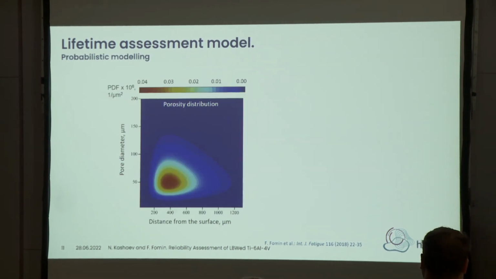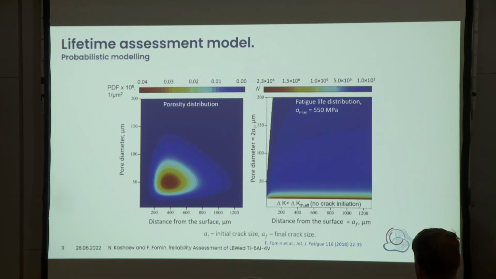Okay. Now, if we have our distribution of defects, here is our distribution with regard to distance from the surface and pore diameter. And using our model, for each point on this diagram we can calculate, in principle, the number of cycles until the specimen will fail. And now, on the right diagram, the color represents the number of cycles until failure.